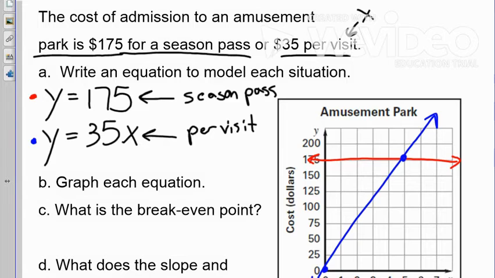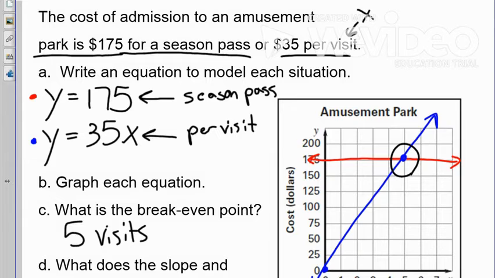Because as you can see, if you pay per visit, you're going to be paying a lot more money throughout the season than if you just pay $175 right away and you go until you reach the same number of visits. So in this case, the break-even point is going to be right here. So at 5 visits, that is our break-even point.